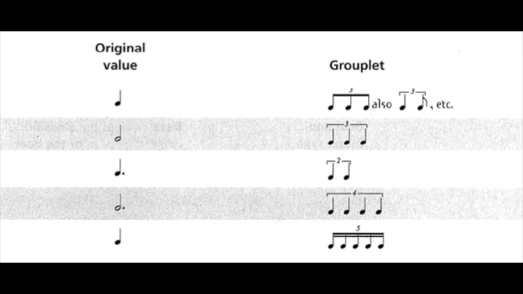So if you have a quarter note of time and you want to add a grouplet, so instead of it just being 1 and 2 and 3 and 4 and, you could put a grouplet in to give it that 3 feel. So maybe you had something like 1 and 2 and 3 and a 4 and.